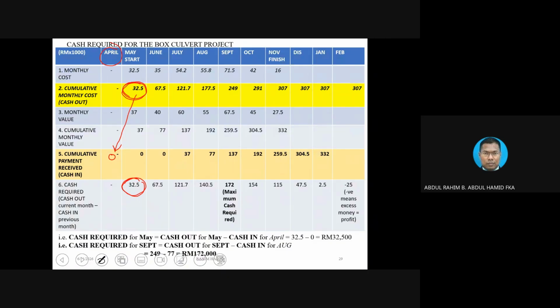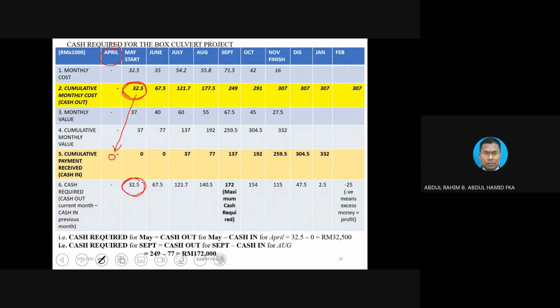But you might not get the right answer when you get into July. In July, if you deduct 121.7 with 37, then the answer is wrong already, wrong in terms of putting in a different month. Then you are not going to get the answer for when the cash required is maximum. That could be the issue.